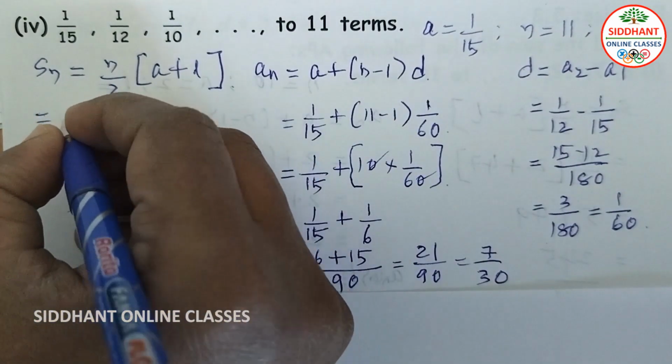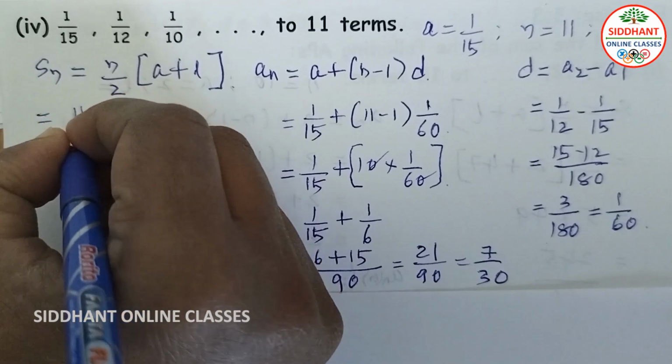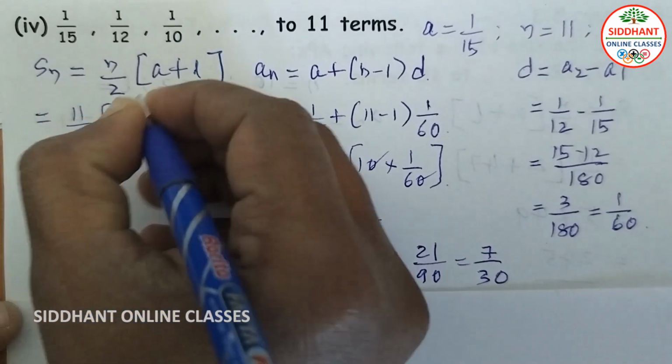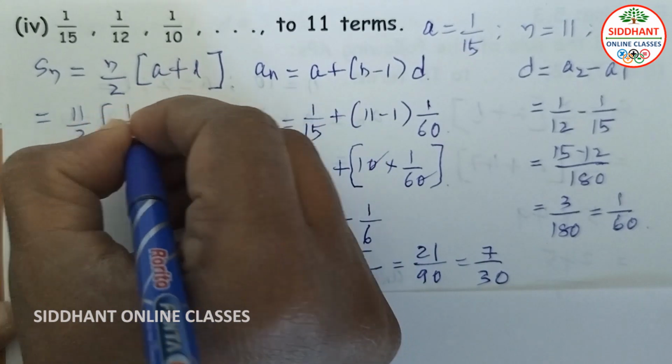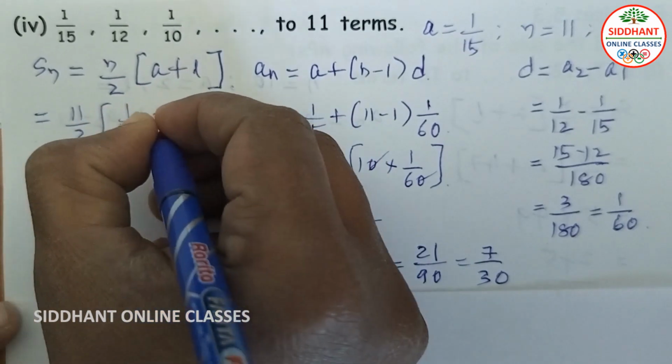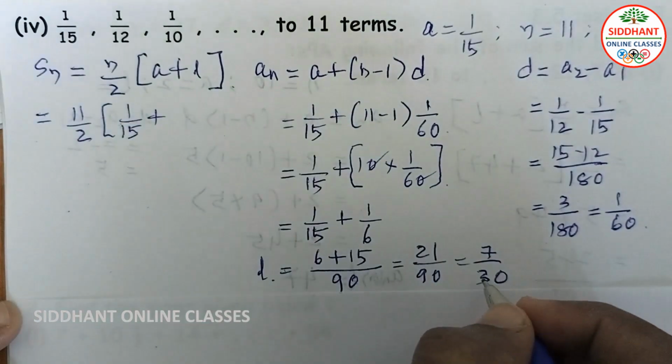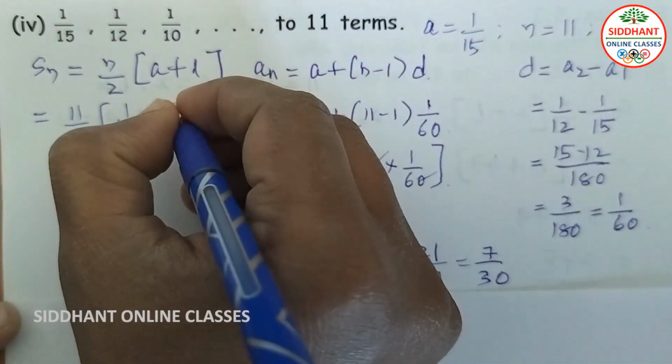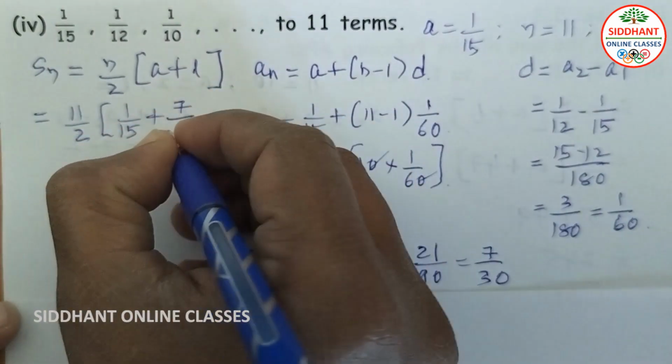n by 2, n is given, which is 11, so 11 by 2 into a, which is given as 1 by 15, plus L, which is 7 by 30.